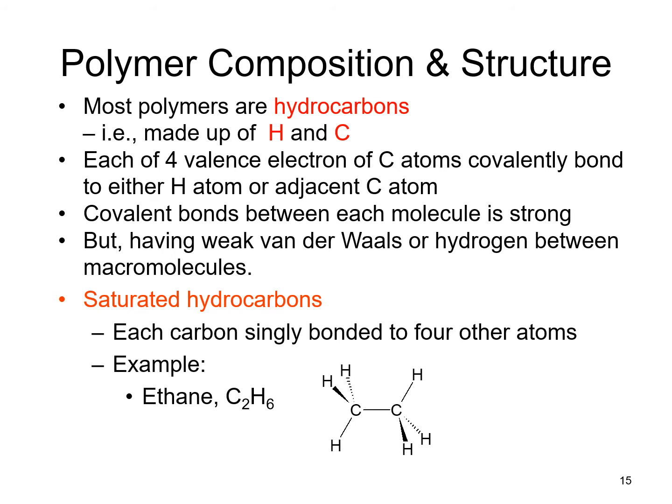An example of the structure is the saturated hydrocarbon, whereby each carbon atom is singly bonded to four other atoms. Example given here is the structure of ethane with C2H6 atomic structure.